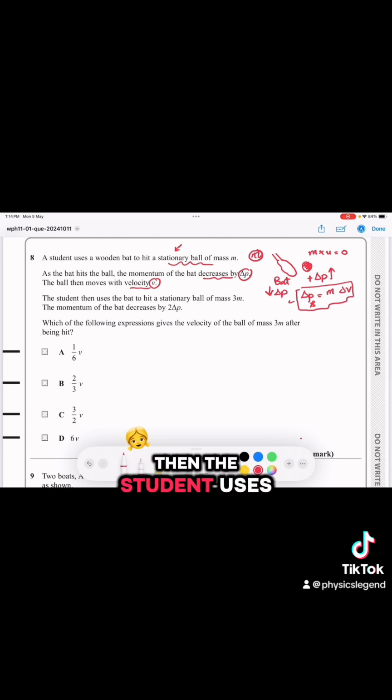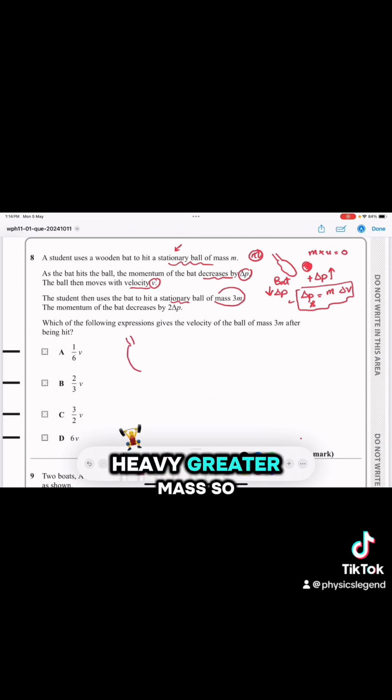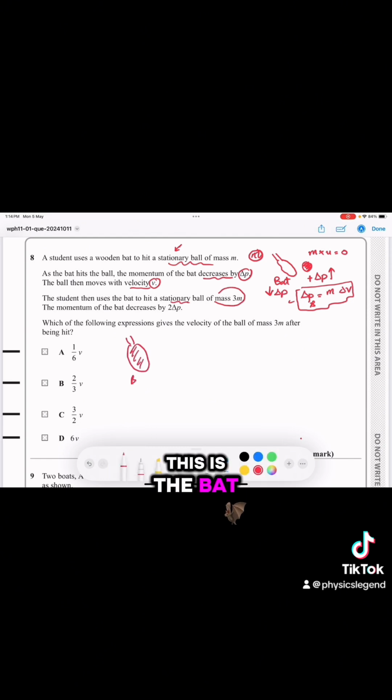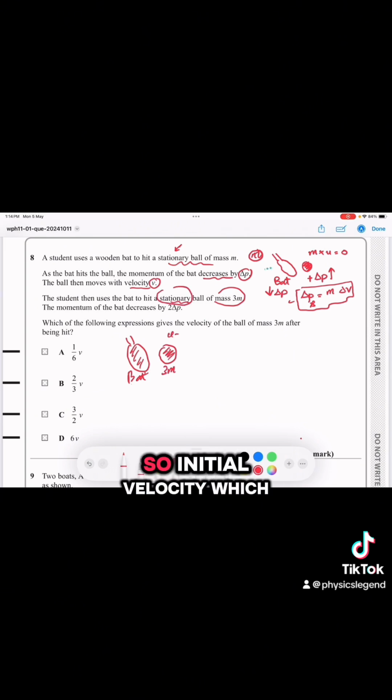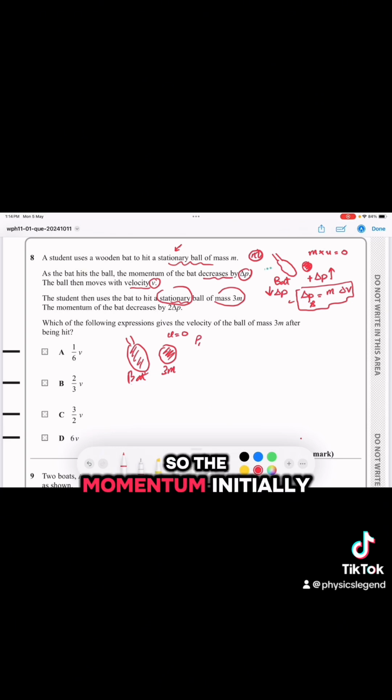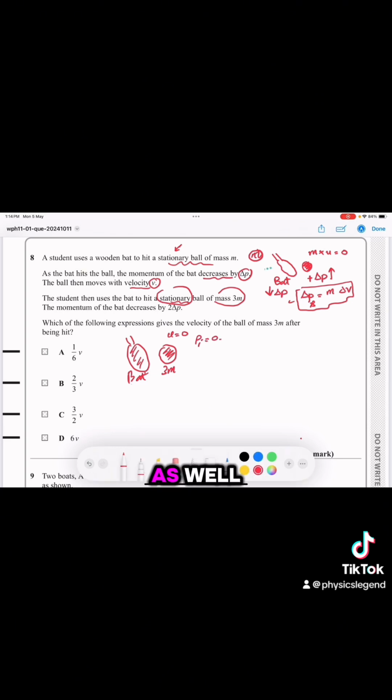Then the student uses the bat to hit another ball, a quite massive, heavy one, with greater mass. So this is the bat, for example, and a big mass, which is 3m. Stationary as well, so initial velocity is zero, so the momentum initially is zero as well.